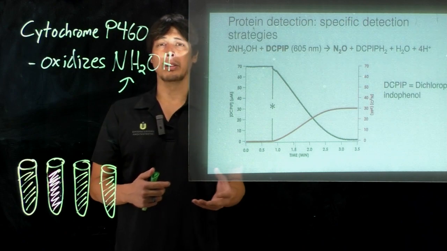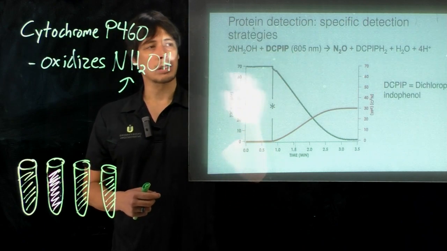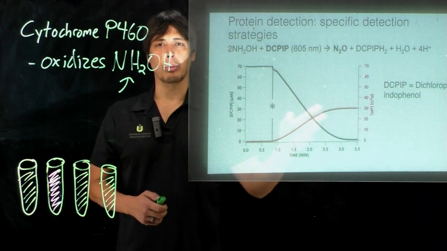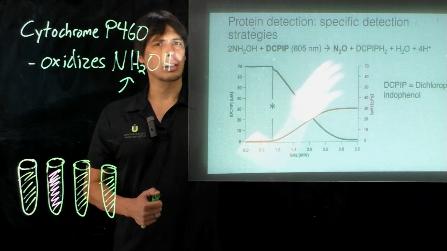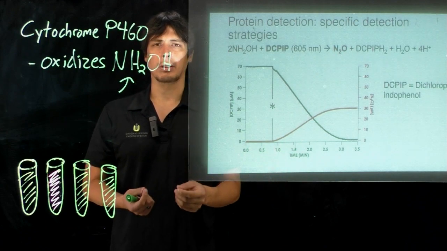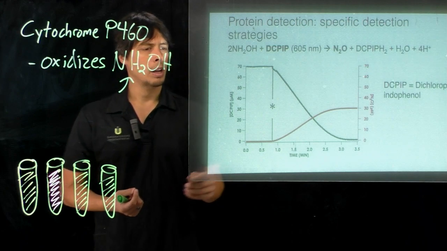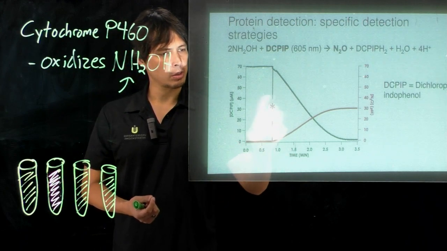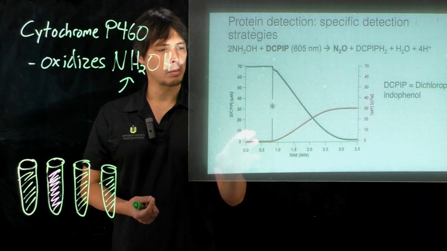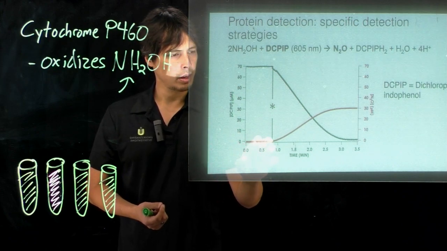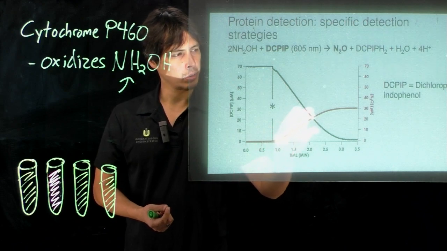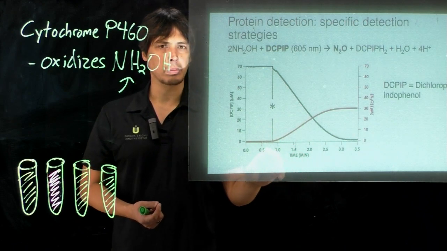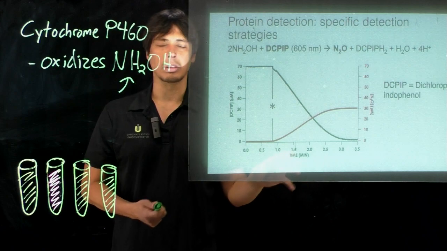So another way we can do it is instead of looking at reactant consumption, we can also look at product formation. And so nitrous oxide can also be detected very specifically by a specific electrode. And so that's shown in this red trace here, where again, as we add hydroxylamine, as indicated by the asterisk, the amount of nitrous oxide increases over time on the same time scale as the DCPIP consumption.